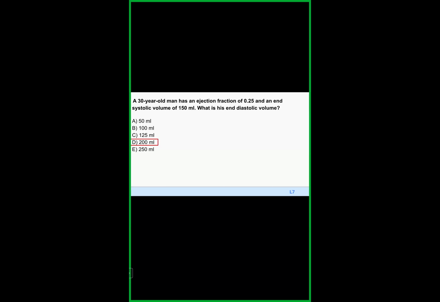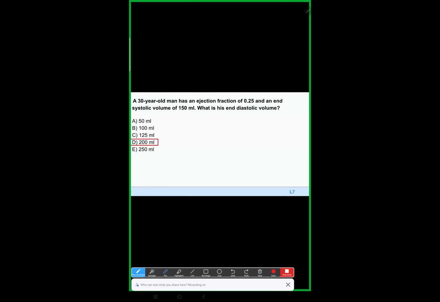Most of you are correct. It is G, 200 milliliters. And I got you. I'll explain the way to calculate it.